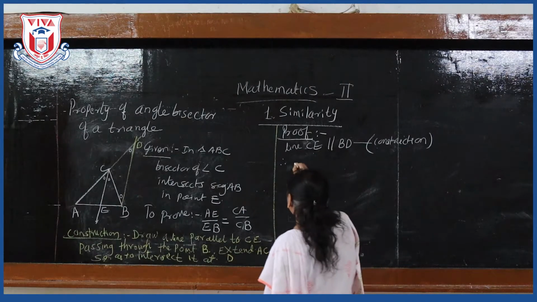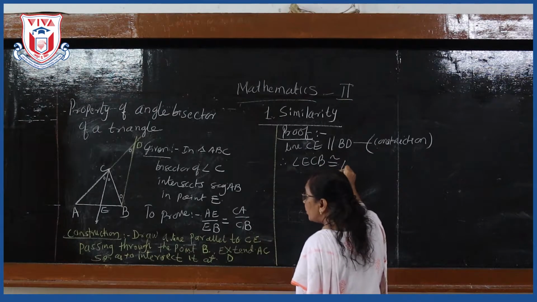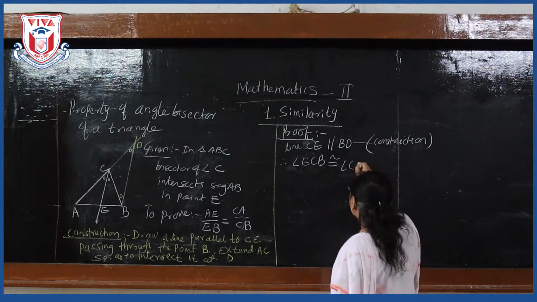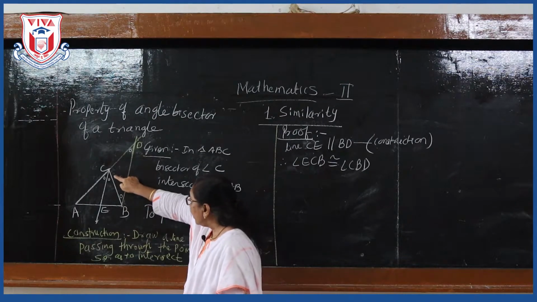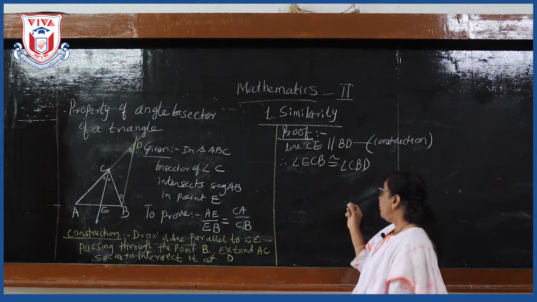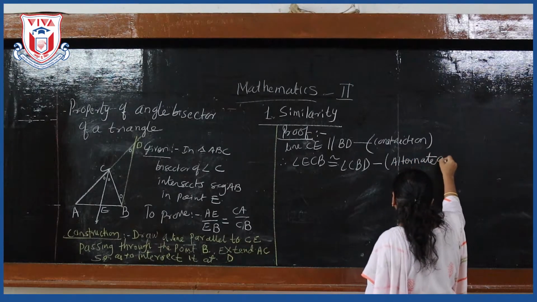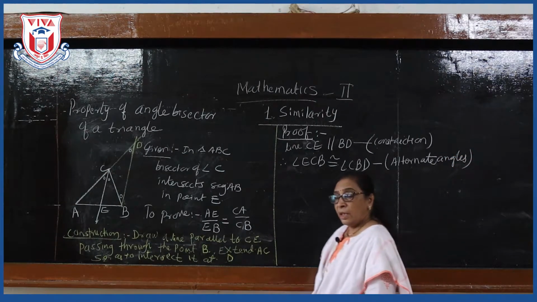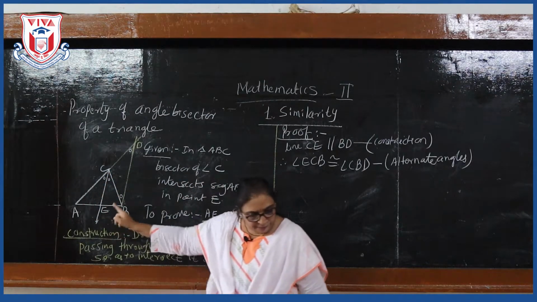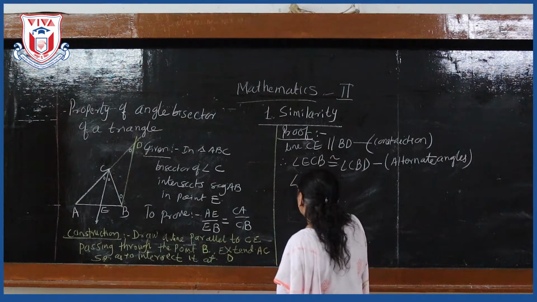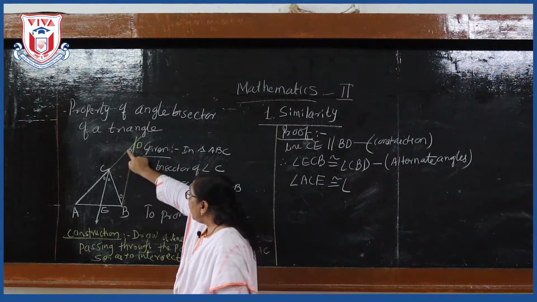So we can write those two statements. Therefore, angle ECB is congruent to angle CBD, a pair of alternate angles. Now the other statement, angle ACE is congruent to angle CDB.